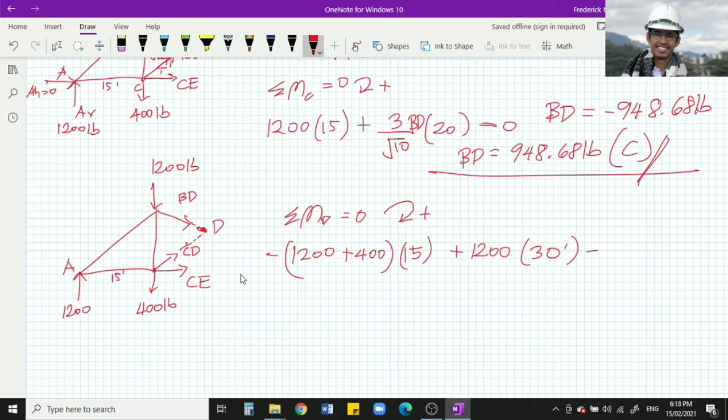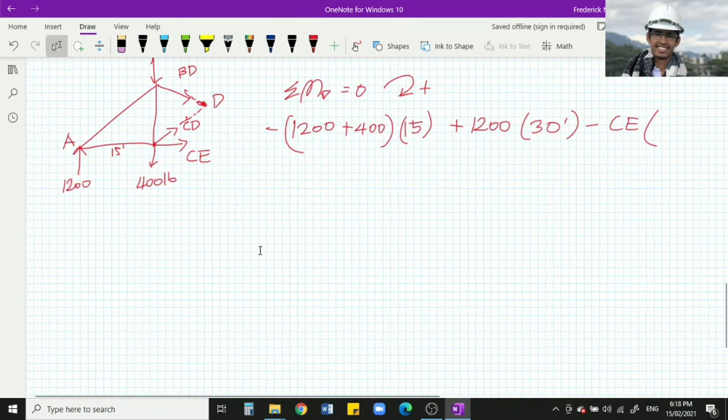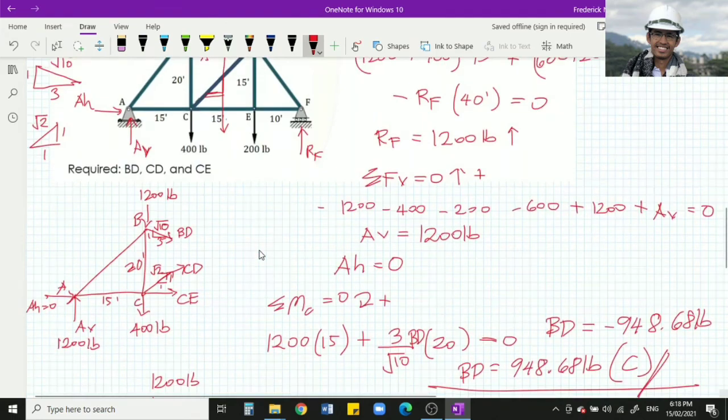So, minus CE times, so ano yung magiging distance natin? That will be 15. Okay? So, yung distance natin is 15 feet. So, 15 feet. Therefore, equal to 0.